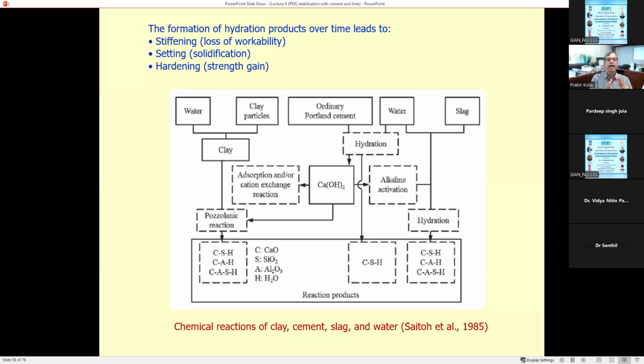You can find out for these 2 theta values what the minerals are. Most of the time we use the 3 strong peaks, and you can also identify the minerals manually. If you know the d-spacing and the 2 theta, you can manually find out what type of mineral is formed.